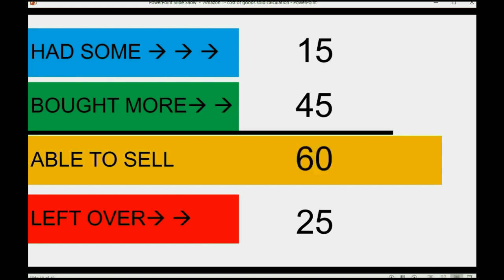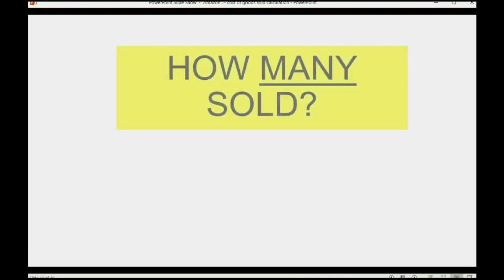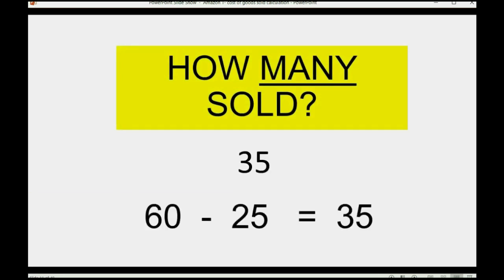And in this example, you were able to sell 60 and had 25 left over. So in this example, how many did you sell? Well, you sold 35 because 60 that you were able to sell minus 25 that you did not sell because 25 was left over logically equals the 35 that you did sell.